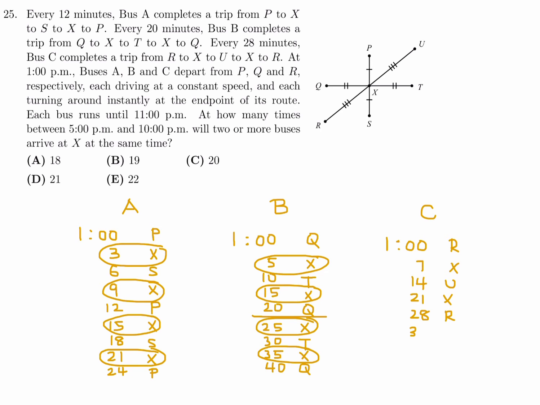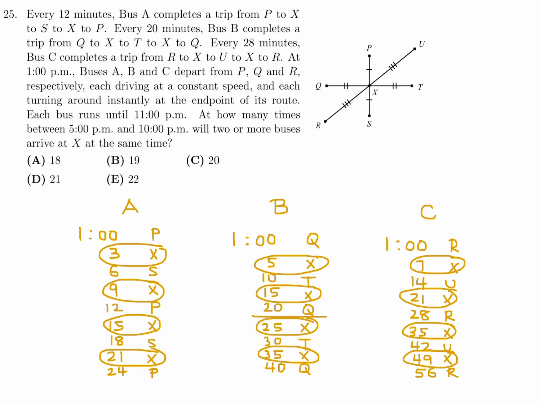And then 35, 42, 49, and 56. XU, XR. Like that. All right, so that means every 7 minutes, it starts at 7, but then every 14 minutes, it's going to be at X. All right, so we have covered that.